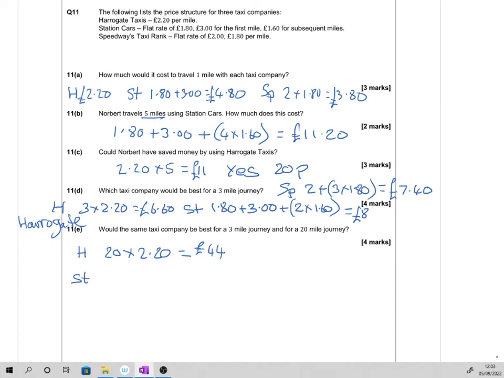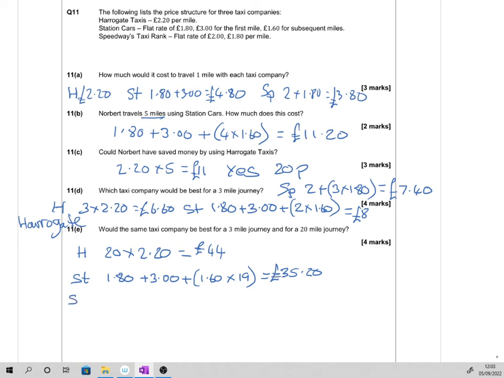Station, £1.80 plus £3 plus £1.60 for the 19 extra miles. £1.60 times 19, plus 3 plus £1.80, is £35.20.